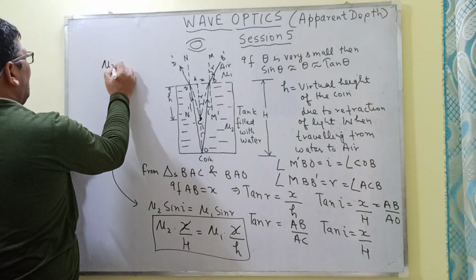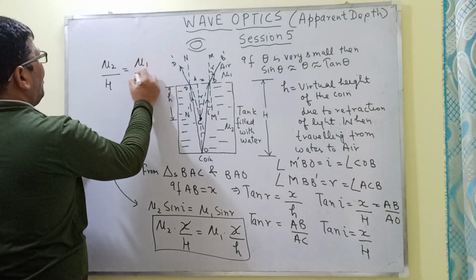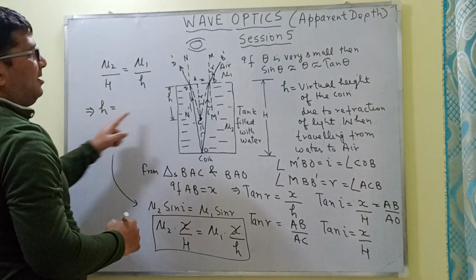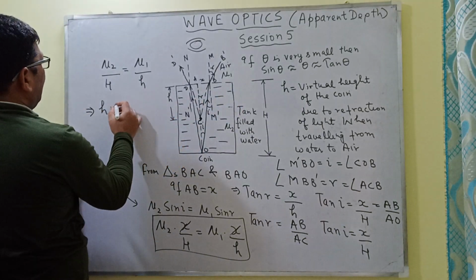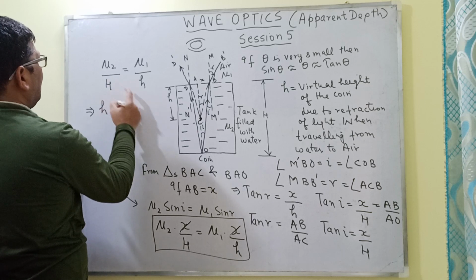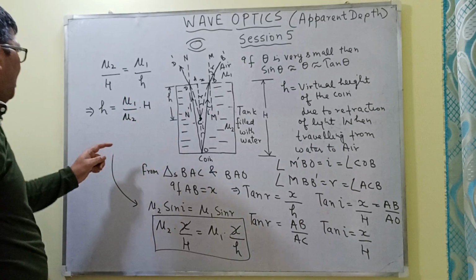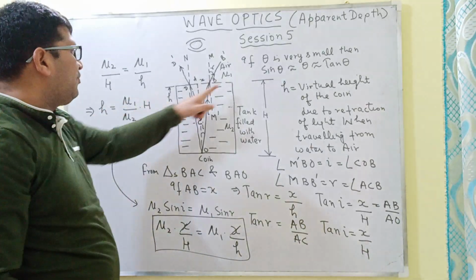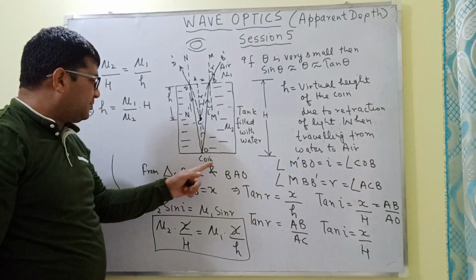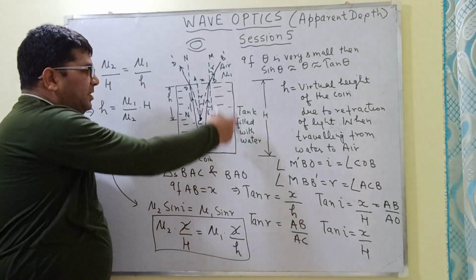So we will be getting mu2 upon capital H is equal to mu1 upon small h, or it implies that h, that is the apparent depth of this coin, can be written as mu1 upon mu2 into H. Now here mu1 is the absolute refractive index of air and mu2 is the absolute refractive index of water, and H is the real depth of this coin, which is basically the depth of this tank.